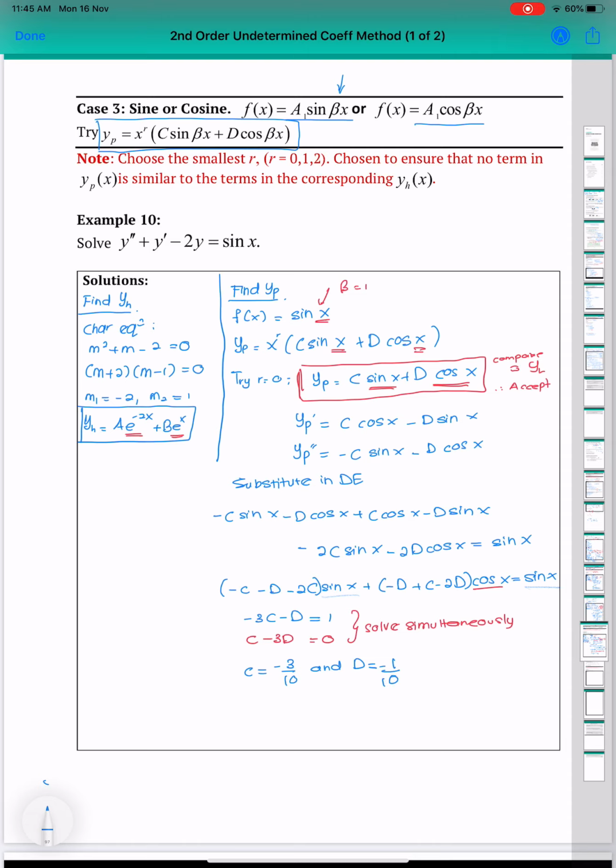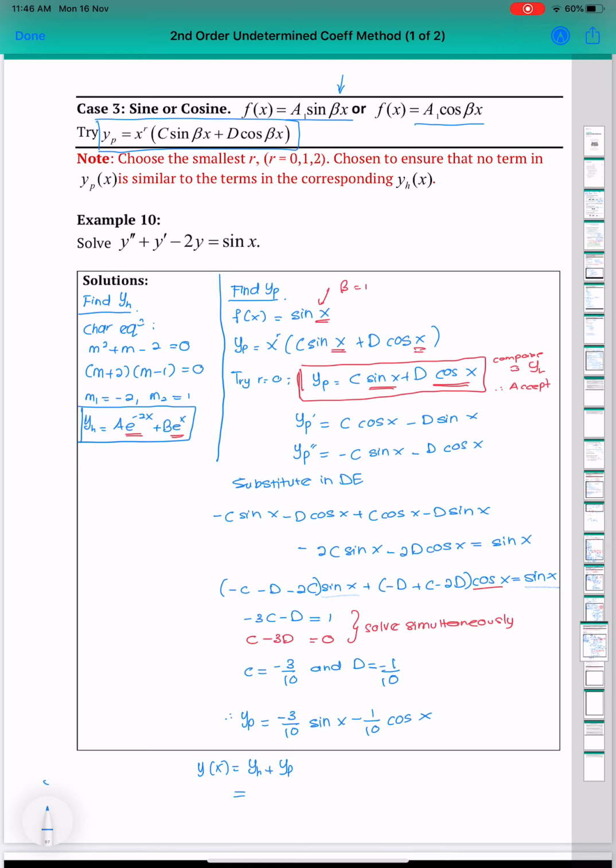So I hope you know how to solve simultaneous equations. You can also use your calculator. So therefore your yp is equal to negative 3 over 10 sine x minus 1 over 10 cos x. So y(x) equal to yh plus yp.